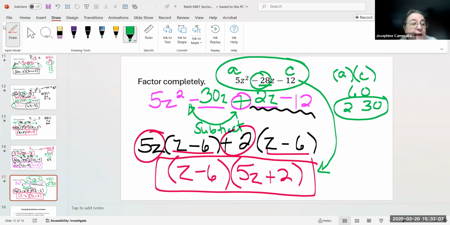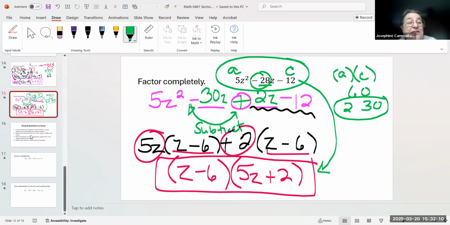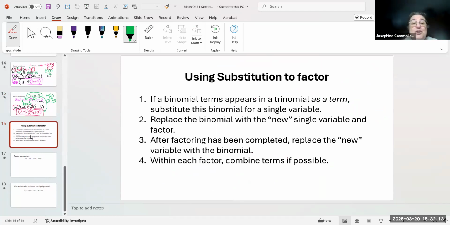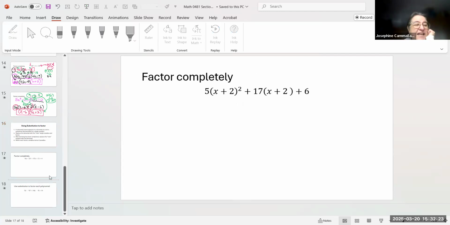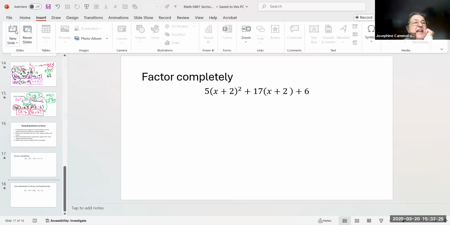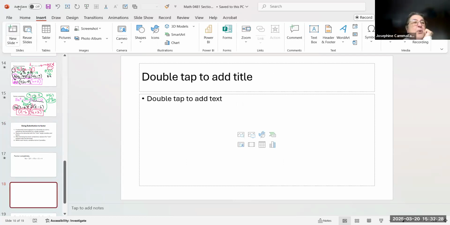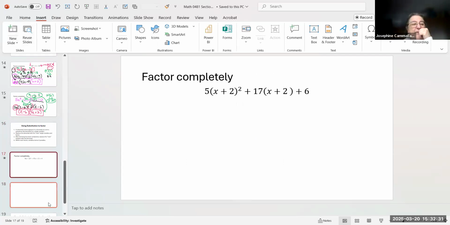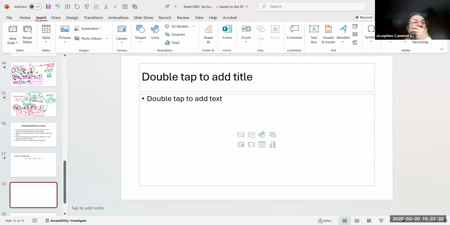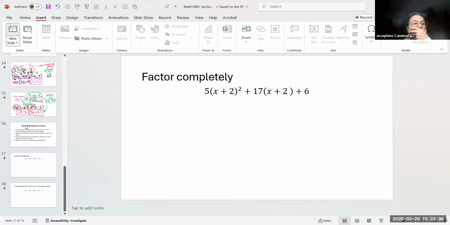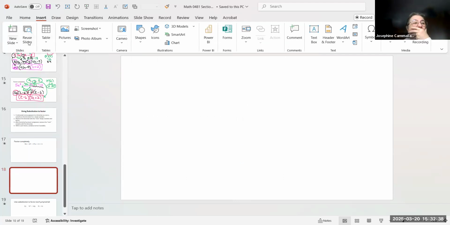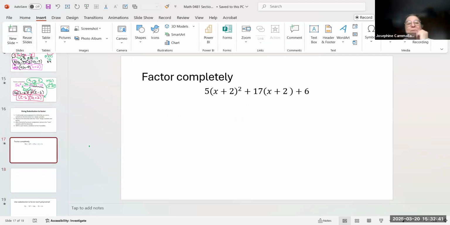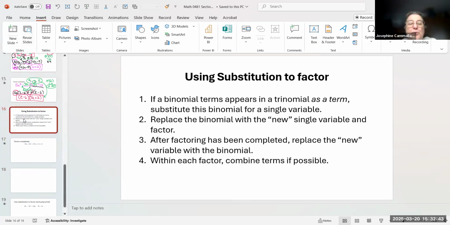Okay, we only have a couple more slides, but this is where that substitution comes in. And this is where you may find it a little difficult at the beginning, but it does, in this case, happen to be real important. Now, let me show you what I mean.